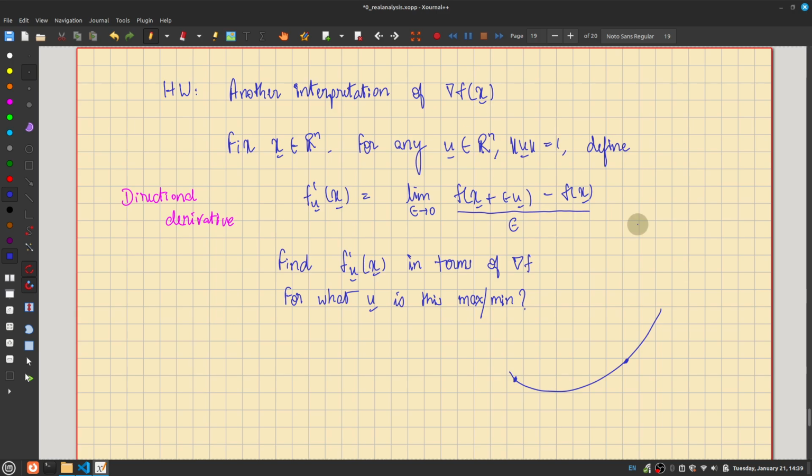So another way of thinking about it is I take a given point. If the derivative is positive, then if I go to the right, the function is increasing. And if it is negative, then it means that if I go towards the left, the function is increasing. All right. So in some sense, it gives us the direction along which the function is increasing or decreasing, if you just know the sign of the derivative.